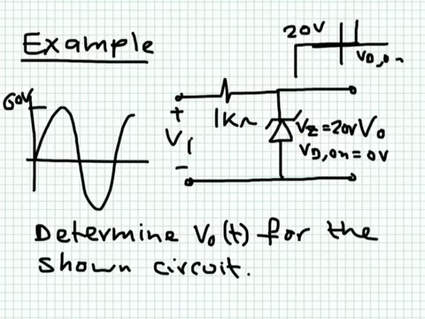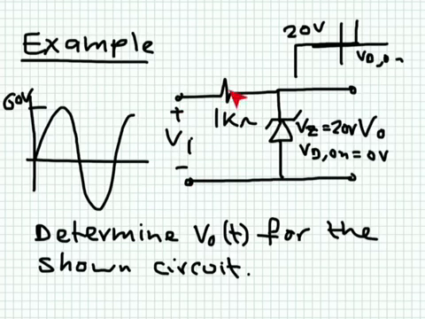It's reverse biased, but it will not break down unless the voltage across it reaches 20 volts. So this voltage keeps on increasing, 0, 1, 2, 3, 4, 5, 6, up to 20. And when it reaches 20, the diode will reach the breakdown region, and current will flow in this direction.